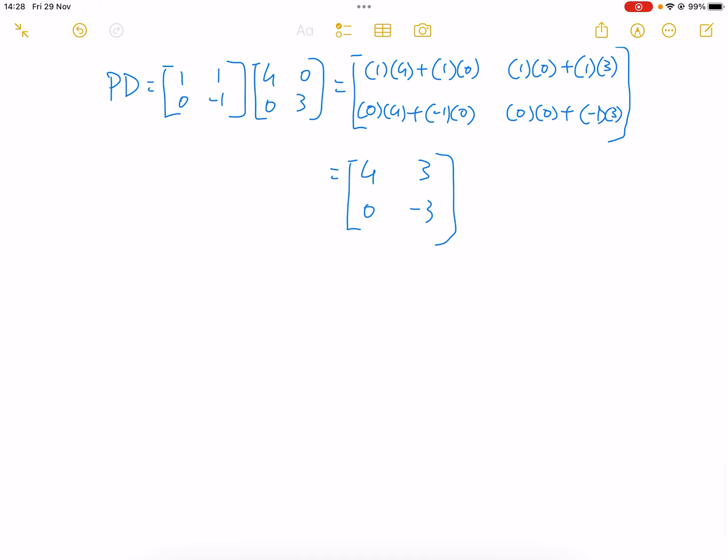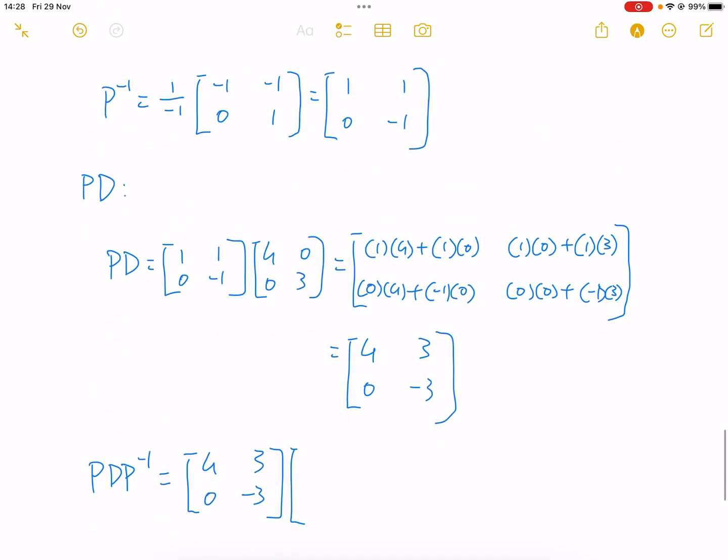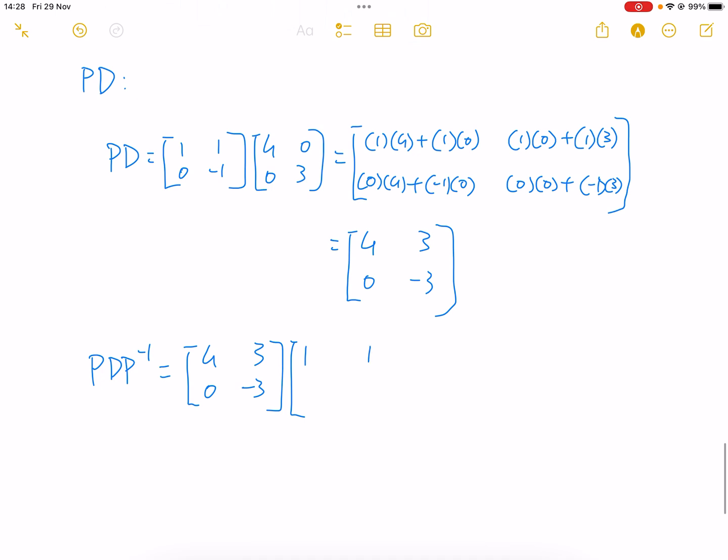Then we can compute P D P inverse, which is the matrix 4, 3, 0, negative 3 times P inverse, which is 1, 1, 0, negative 1.